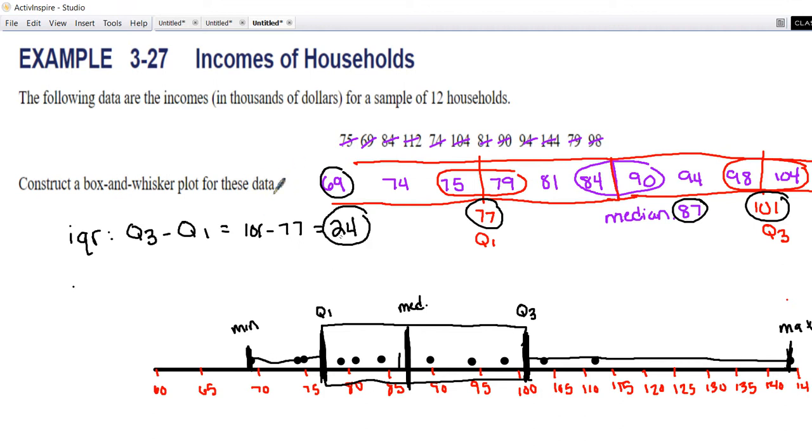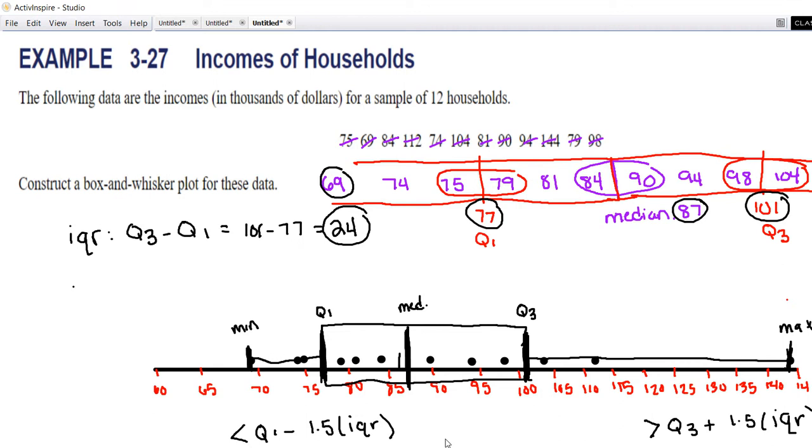Okay, now we want to test for outliers. To test for outliers, we want to see if there are any observations that are less than quartile 1 minus 1.5 times our interquartile range, and also if there are any values that are greater than quartile 3 plus 1.5 times our interquartile range.